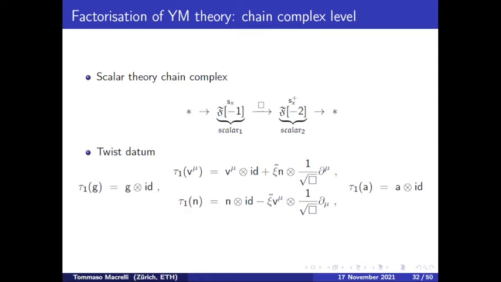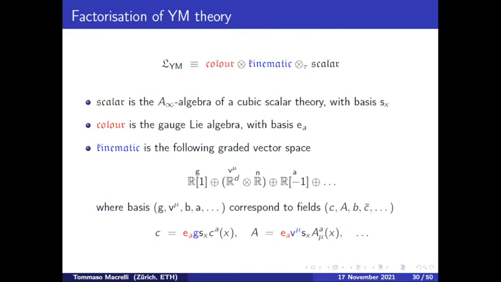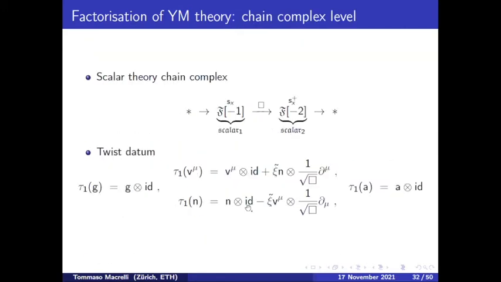So let's consider the kinematic part of Yang-Mills theory. The kinematic part of the scalar factor is just given by this chain complex. We have fields mapped to anti-fields, and mu1 is the box operator.